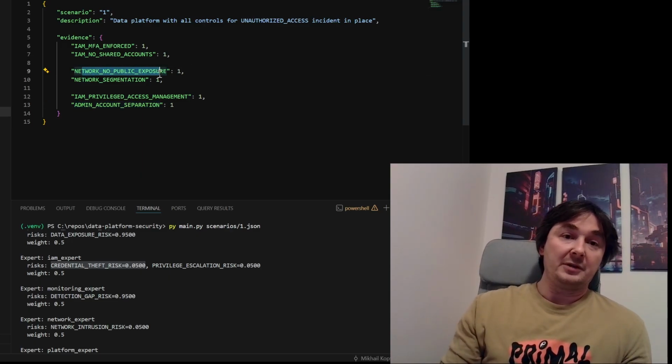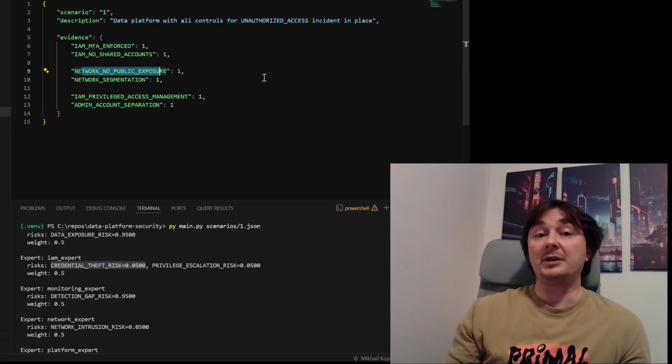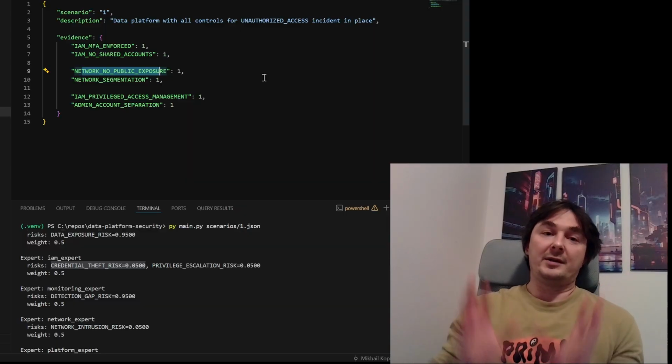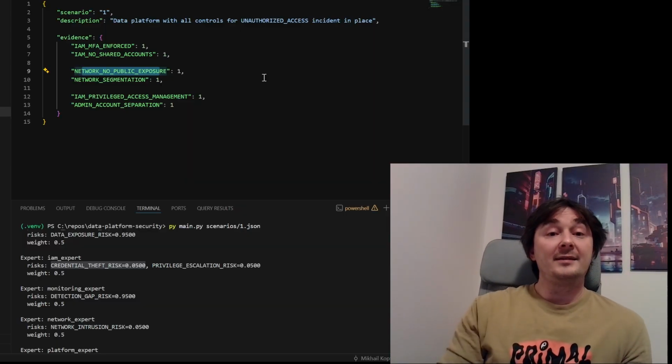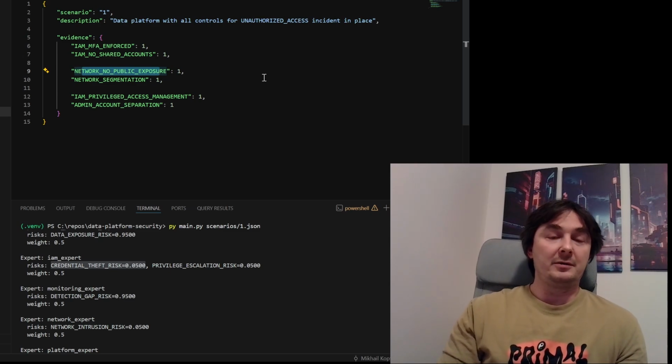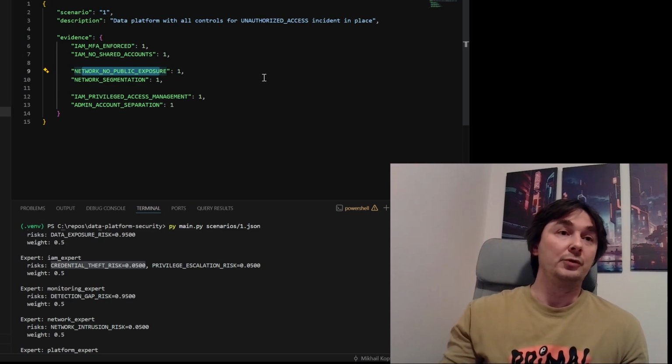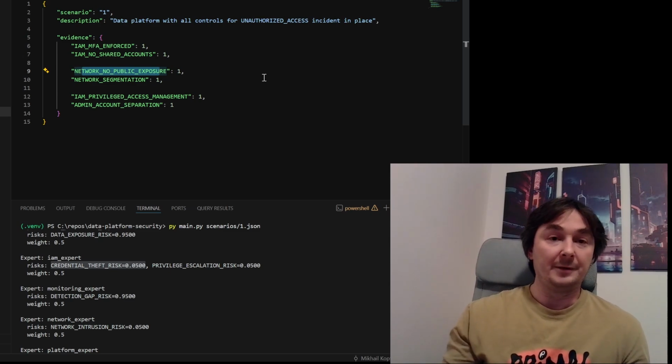Plus, on top of that, from the network perspective, we have separate network segments for each of the environments, and there is no public access to the data platform from outside.